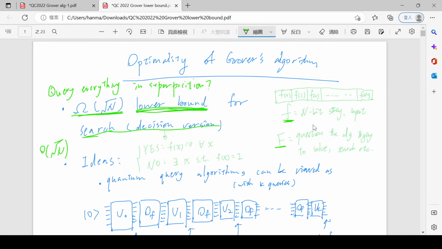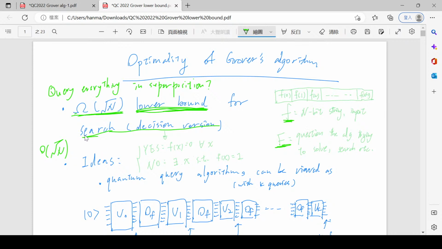It's very annoying. Hopefully people are okay. But this small f is a function with input from 0 to big N minus 1, and we think of its truth table as this big N-bit string. And there is another function you want to decide, which is a function on this big N-bit string.